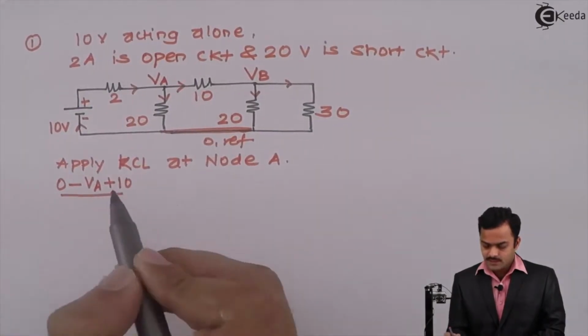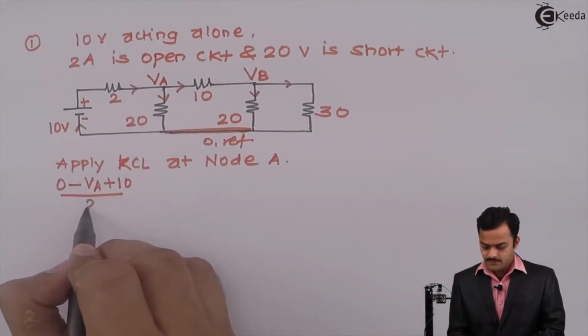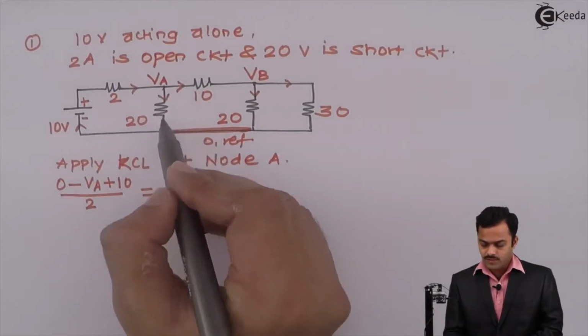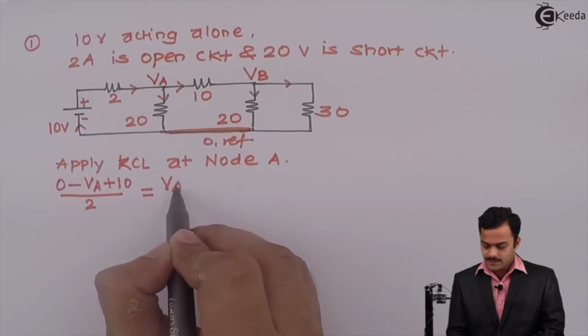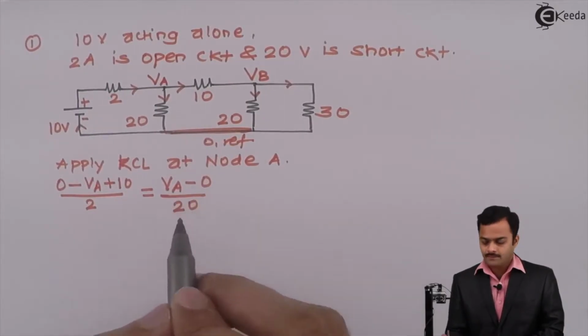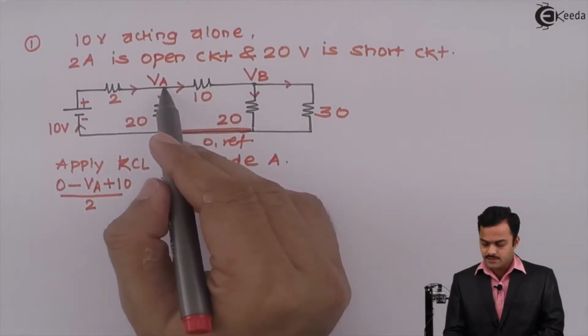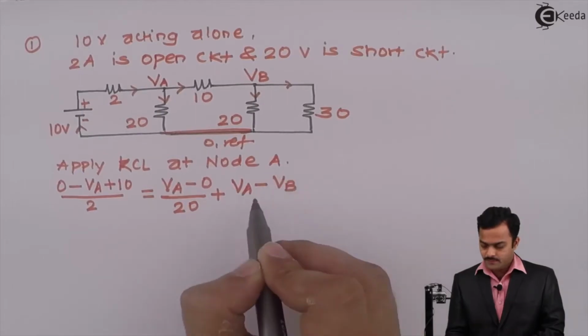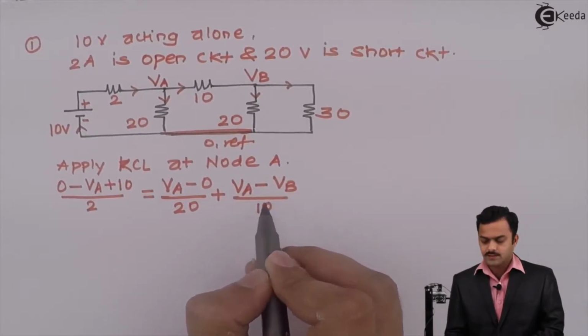So plus 10 divided by resistance of that branch, which is 2, equal to outgoing currents. This is first outgoing current started at A, ending on reference, resistance is 20, and the third outgoing current is this. So the equation will be VA minus VB divided by 10.